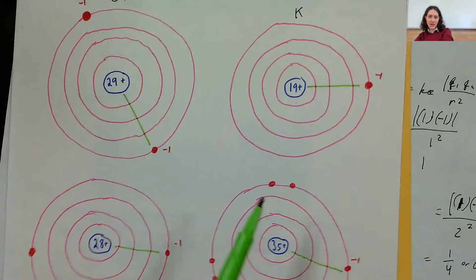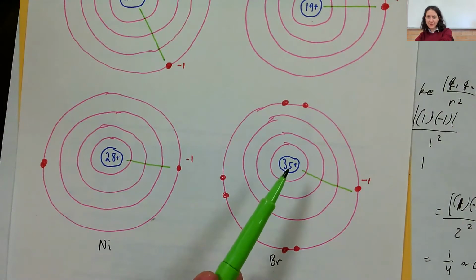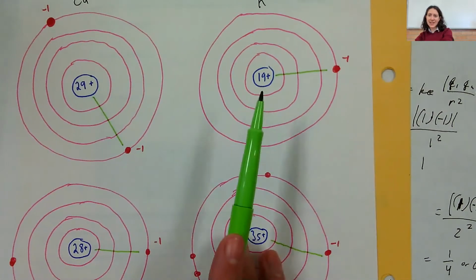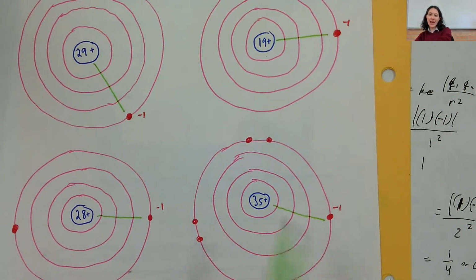Bromine has a plus 35 and potassium only has a plus 19. So bromine is going to have a lot more pull. The force is going to be a lot stronger, so that's going to pull the electrons in and make the radius a little bit smaller.